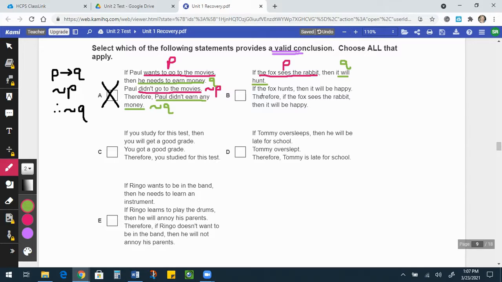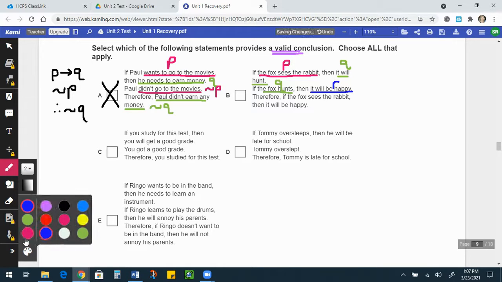Second sentence. If the fox hunts, y'all, that repeats the Q. Then it will be happy. That's a brand new statement. That's going to be an R. Right, and our final statement.